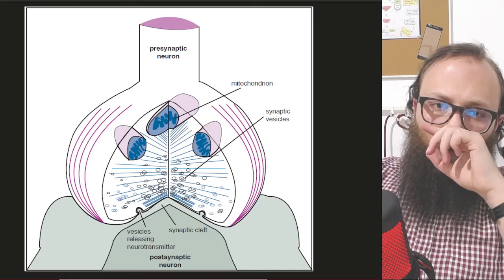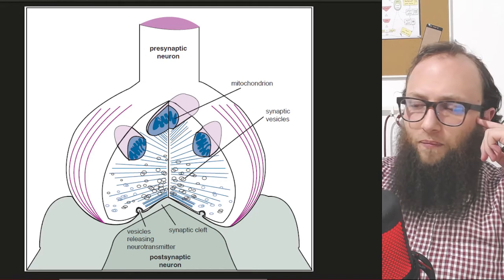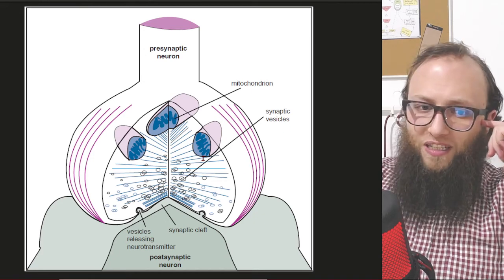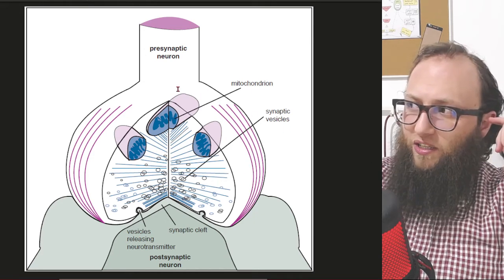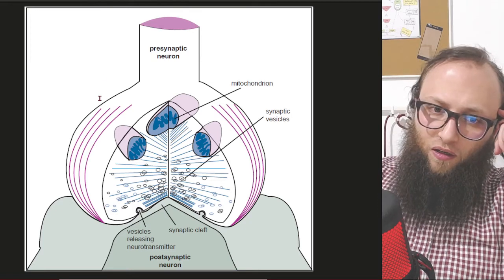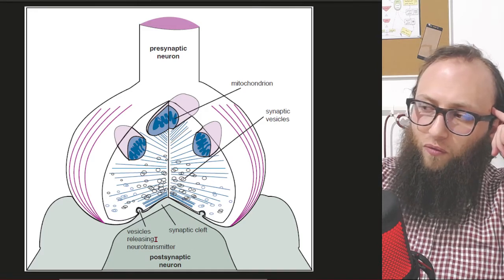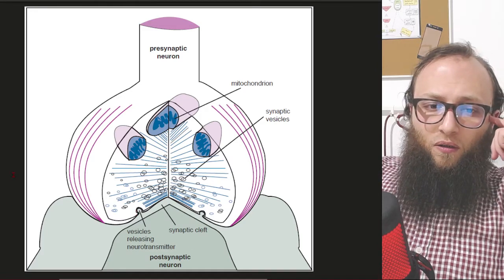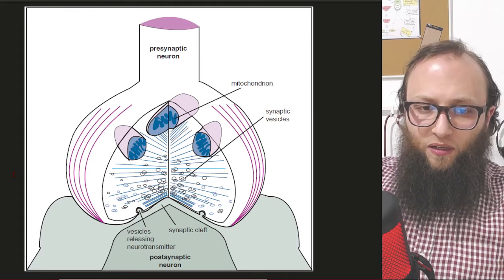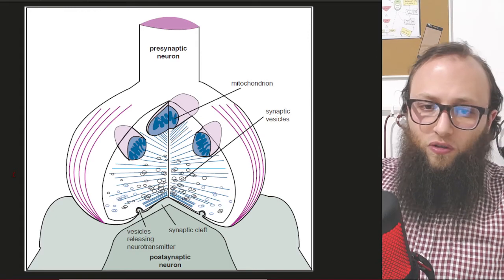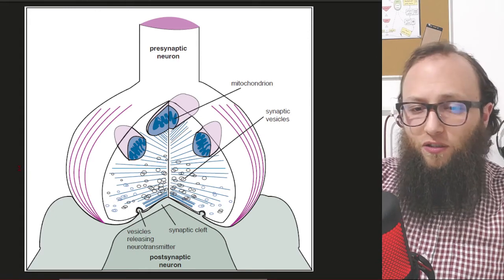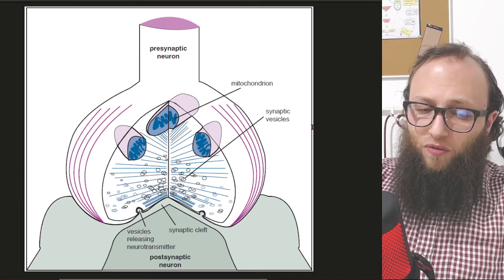Let's take a closer look at an enlarged synapse. This is the presynaptic neuron, this is the terminal of the presynaptic neuron, and this is a part of the postsynaptic neuron. This synapse is enlarged conceptually, of course, to show the specialized structures that enable chemical neurotransmission to occur here.